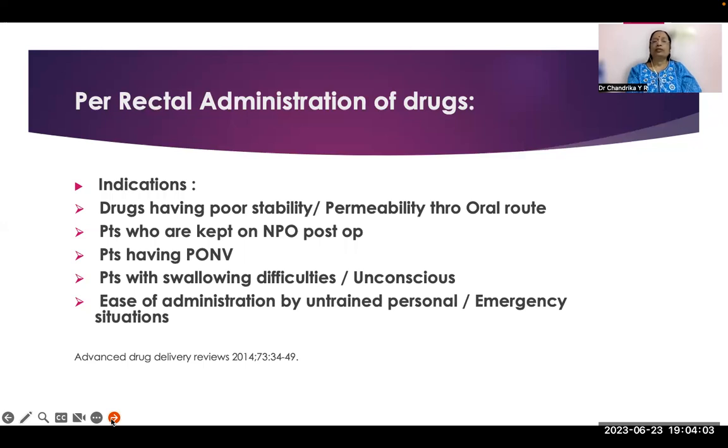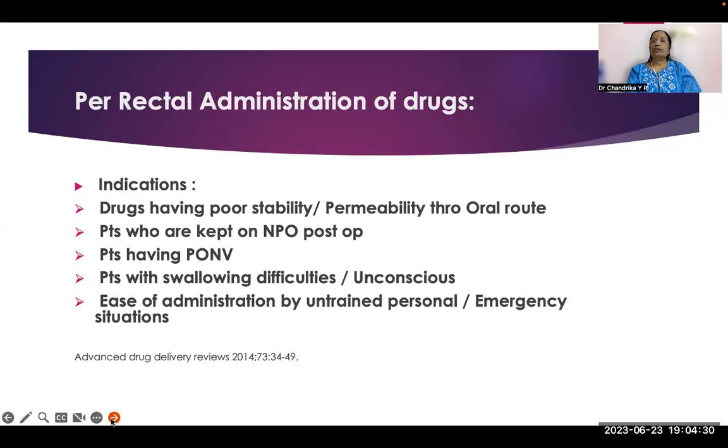Then patients who are kept NPO, like in the immediate postoperative period, who cannot take orally, we can give rectal route of drugs. Patients having PONV, postoperative nausea and vomiting, and patients with swallowing difficulties like very small children and children with mental retardation, CP children who cannot swallow, and also unconscious patients, we can give rectal administration of the drugs.